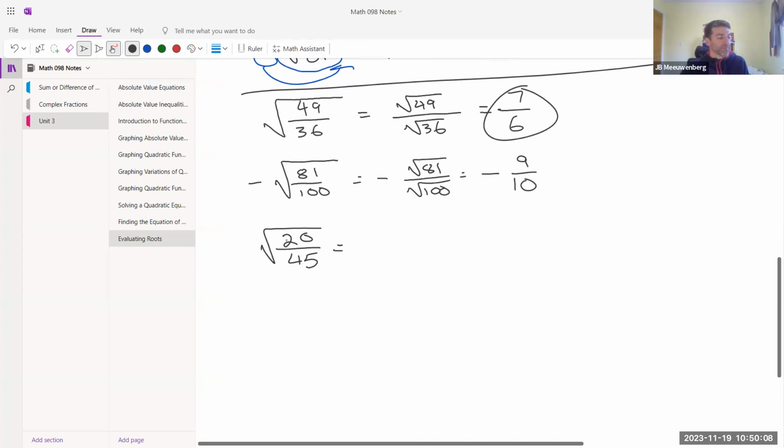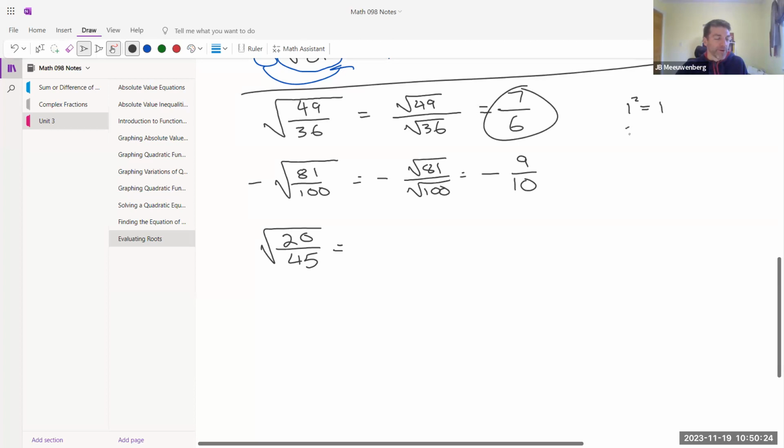So you might look at these numbers and notice that they are not perfect squares. In fact, I think it's a helpful exercise for you to do when you're working on these problems to list out all the perfect squares up to maybe 15 or 16.